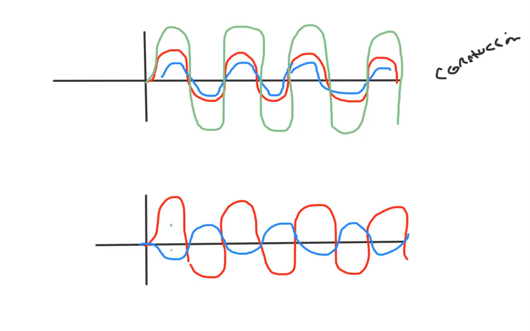So the net, which again is going to be the green wave, is going to be smaller than the red, but probably a little bit bigger than the blue. The green wave is going to be the resulting wave of the red and blue interfering destructively because they're out of phase. Does that make sense?